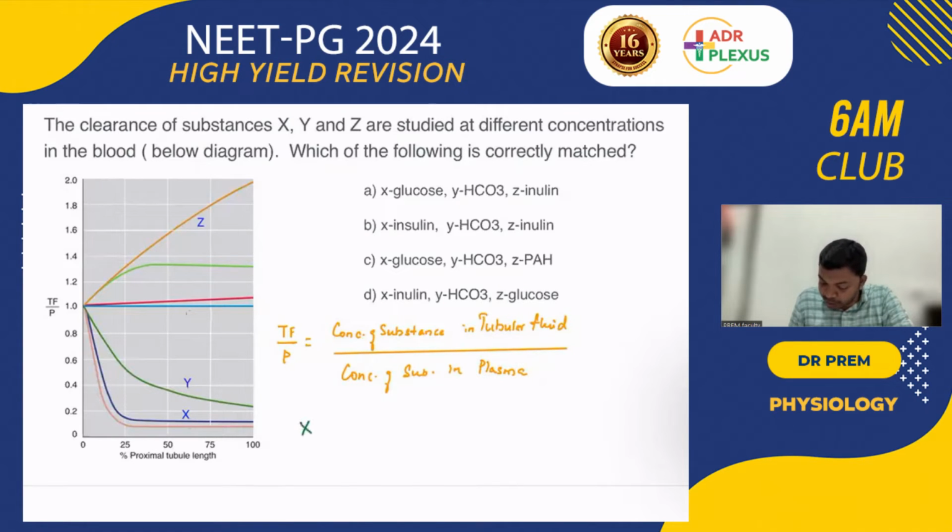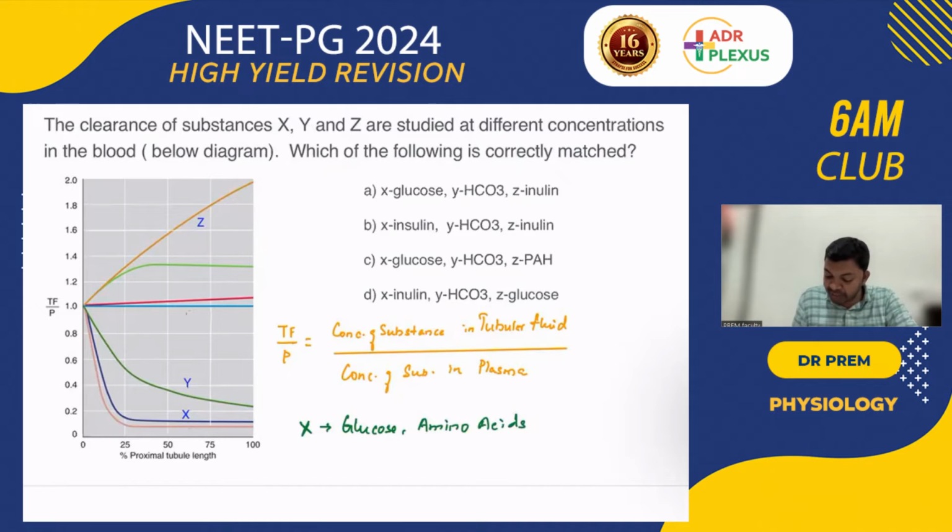So the graph X can represent glucose as well as, please remember, amino acids. In the next exam, you are not going to get glucose as an option because this is already asked. So be ready for amino acids, and doctors, for God's sake, remember this. Both glucose and amino acids get reabsorbed 100%.